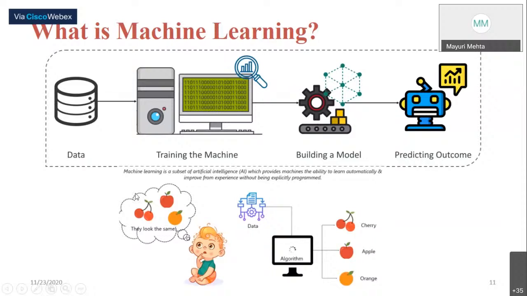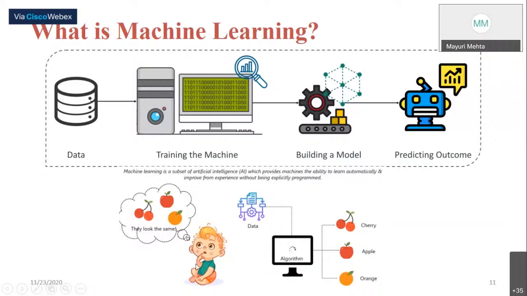This is an important part of machine learning, that it learns automatically and improves from experience without being explicitly programmed, right? So it is like when we were kids. Suppose kids are given a basket of fruits, and they are asked to identify the name of each fruit, or to tag each fruit. Initially they don't know anything, which is orange, which is cherry, which is apple.